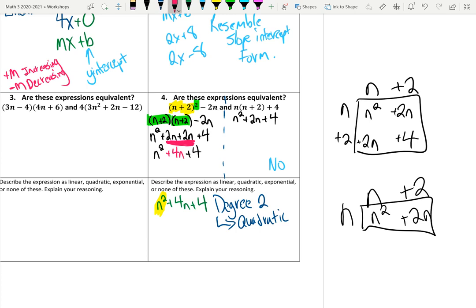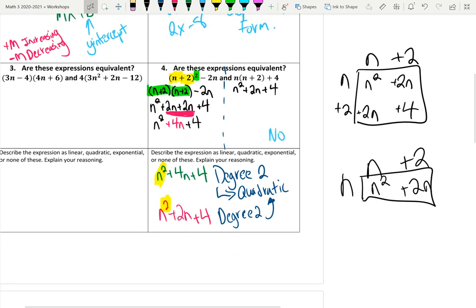The other one, n squared plus 2n plus 4. What is the degree? 2. It's a degree of 2. It's going to be a quadratic. When you're looking at it, remember x to the first power is going to be linear.